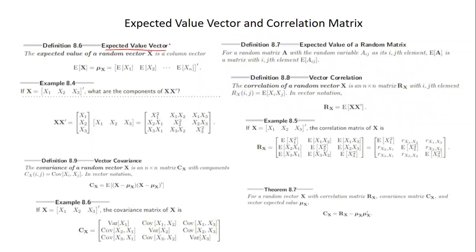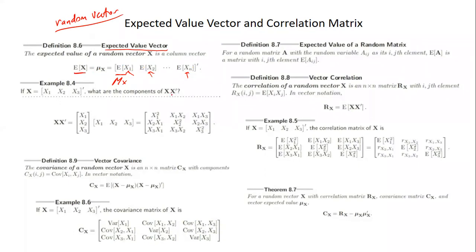We have expected value vector as we define a random vector. Then we define some other functions, expected value vector. So that's going to be a vector here. So mu x bar, which is expectation of each random variable inside the vector. So expectation of x1, expectation of x2, and xn.